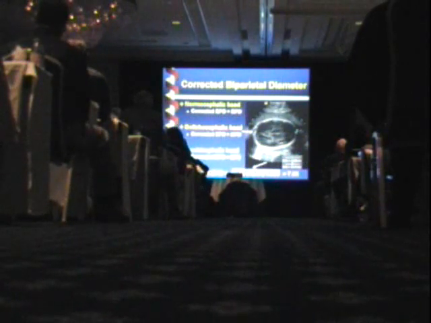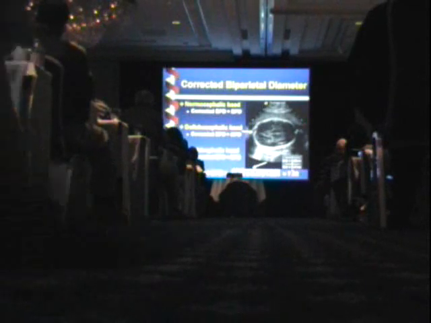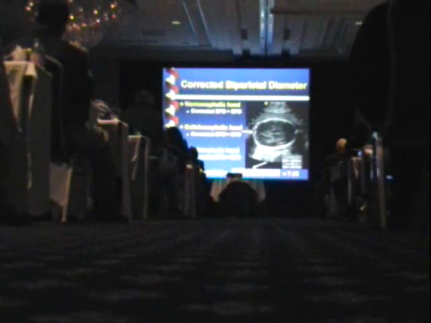Whereas with a dolichocephalic head like this one, a long head front to back, the uncorrected biparietal diameter is 58.8 millimeters, 5.88 centimeters. The corrected one is bigger. It's about 7 centimeters or 71 millimeters.